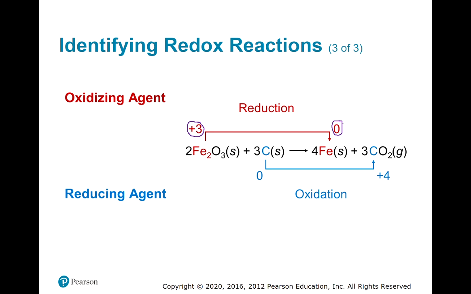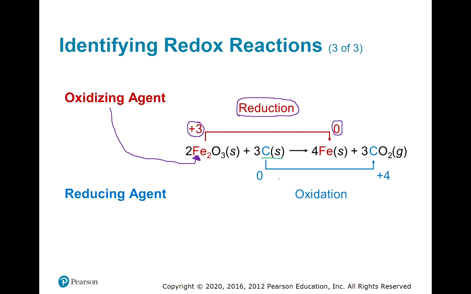The oxidation number decreases, becomes more negative, so this undergoes reduction, so our oxidizing agent is Fe2O3, specifically the iron ions present in that compound are the oxidizing agent.